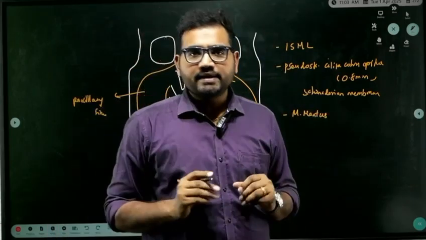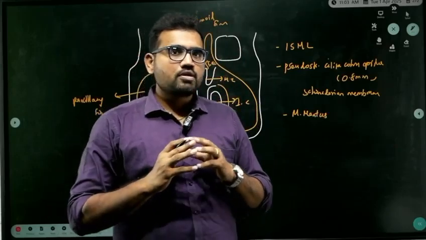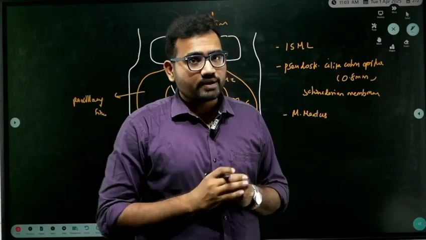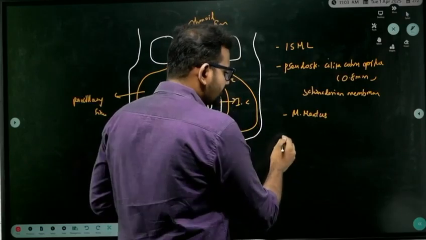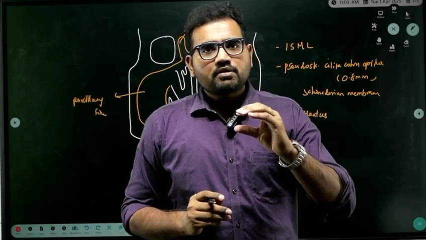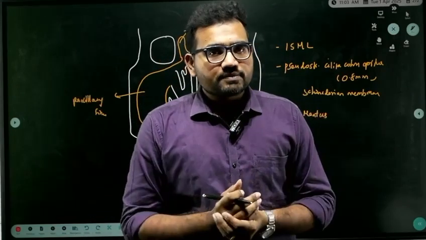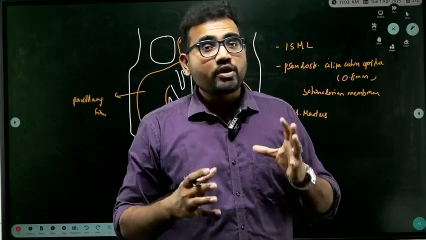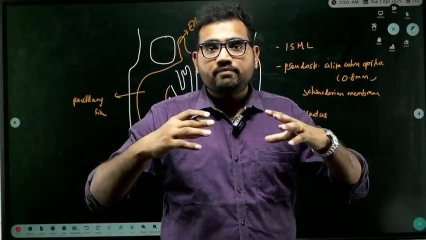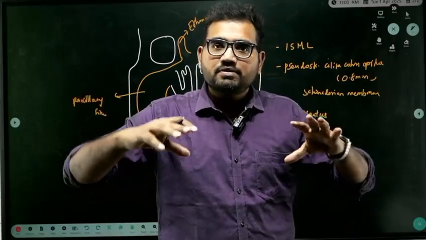The maxillary sinus is of clinical significance because it pneumatizes with age. What do you mean by pneumatization? For example, in adolescence, the maxillary sinus may be around 0.8 mm or 1 mm from the apices of the roots, but over a period of time, as we age, the sinus pneumatizes.